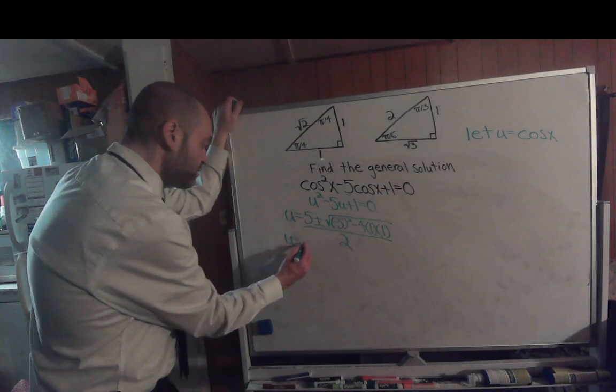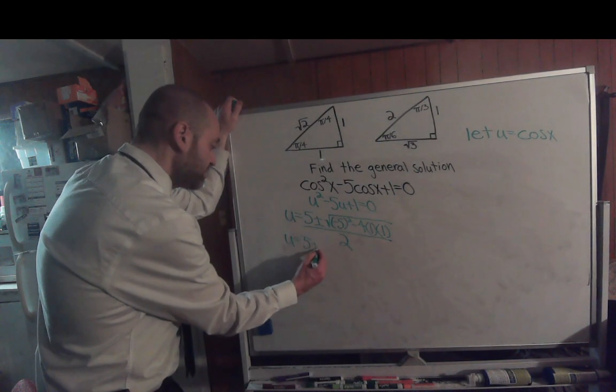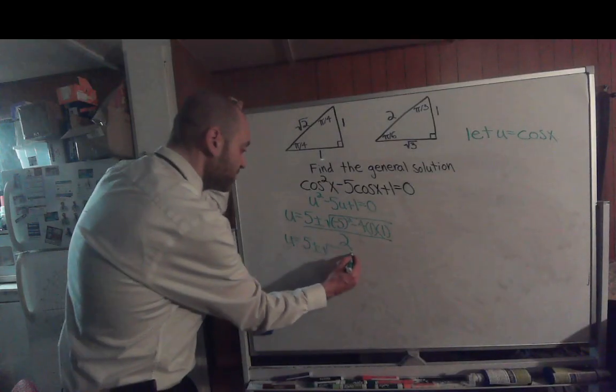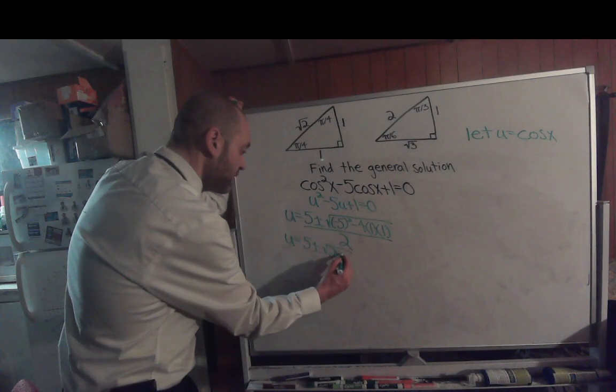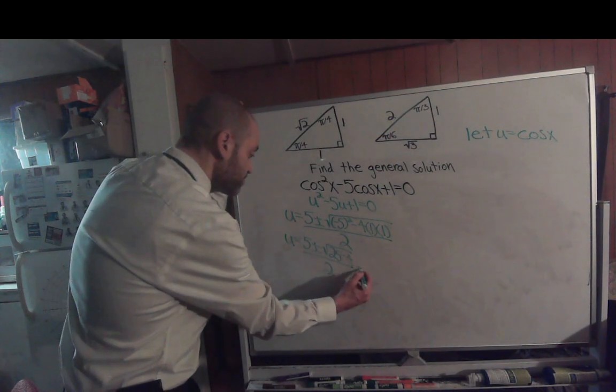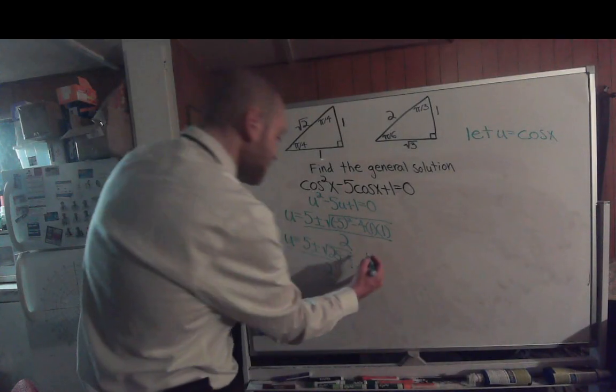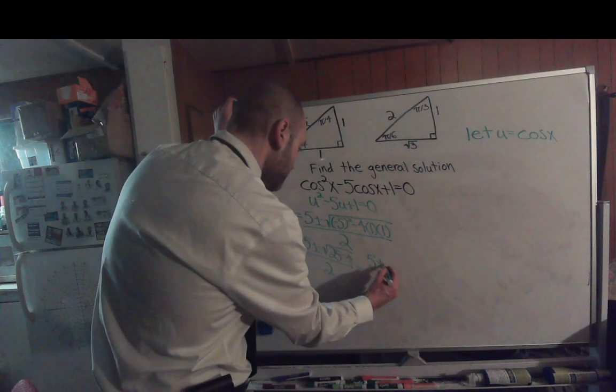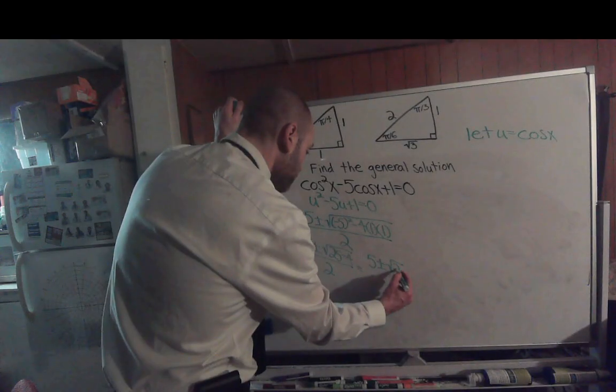So u would equal 5 plus and minus the square root of 25 minus 4 all over 2, which means that it would equal 5 plus and minus the square root of 21 over 2.